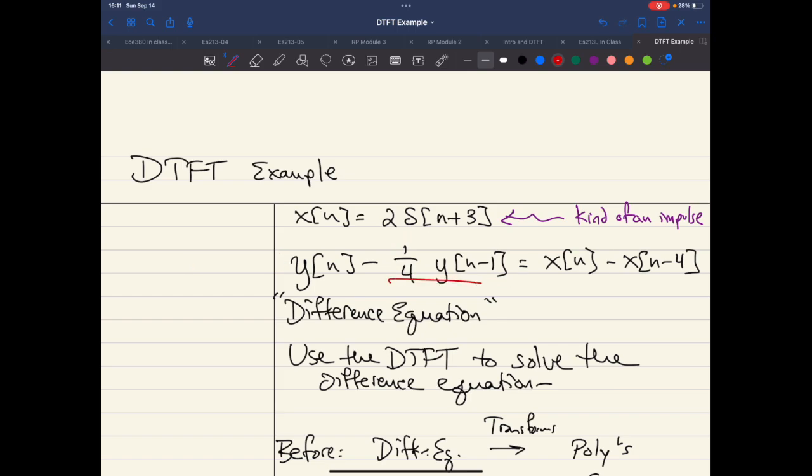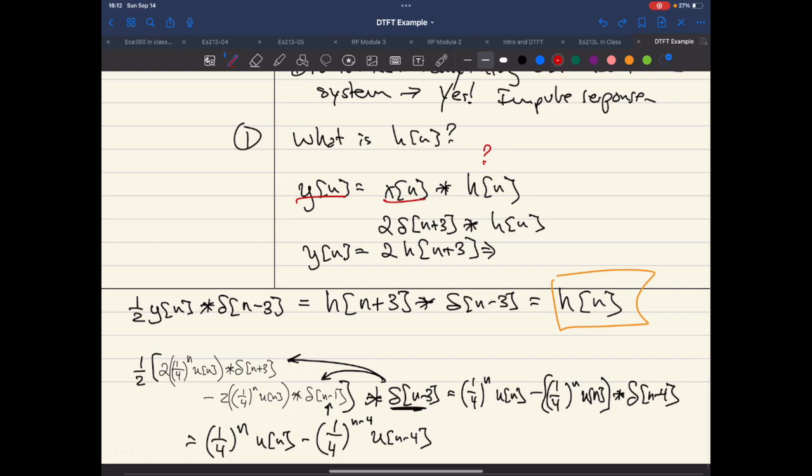But this feedback mechanism is going to make this an infinite impulse response. I'll call it an echo. Why not? But you can kind of see just from the math here that this is going to continually spit out some kind of output. All right. There we go. This is equal to h[n]. Pretty straightforward. Not too bad.